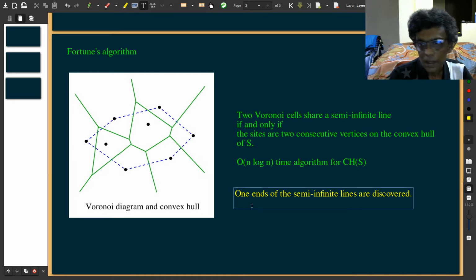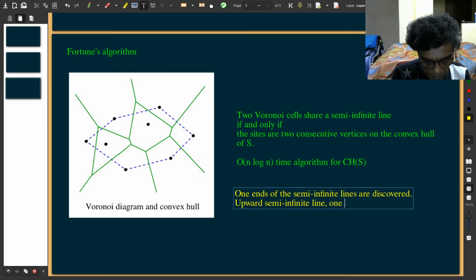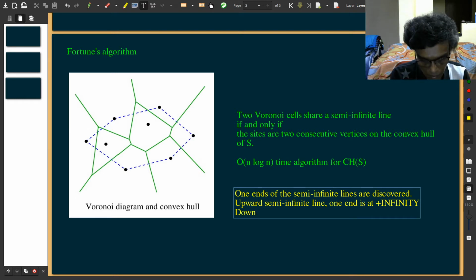So for an upward semi-infinite line, I say one end is at plus infinity, whereas for a downward semi-infinite line, one end is at minus infinity.